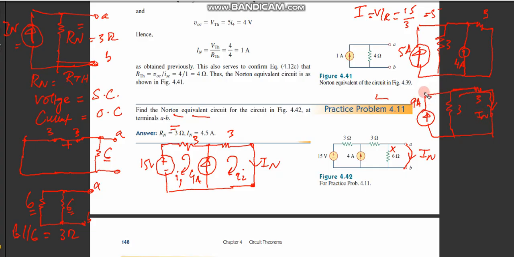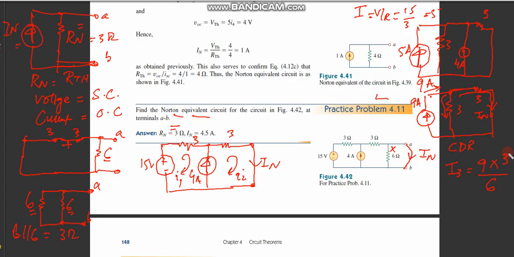So 9 ampere current goes over here and gets divided in this branch and this branch. So I can apply the current divider rule to find this current. Let's suppose the current in the third branch is equal to the total current, which is 9, into the resistance of the opposite branch divided by 6.